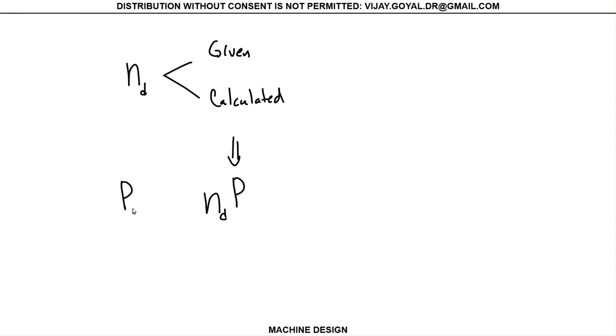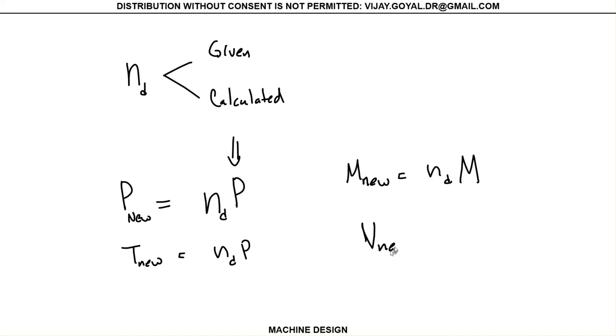This is your new load that you're going to use for analysis. Maybe it's the torque: your new torque for analysis will be the design factor times the torque. Maybe it's the moment: your new moment will be the design factor times your moment. Maybe it is the shear: the new shear will be the design factor times V.